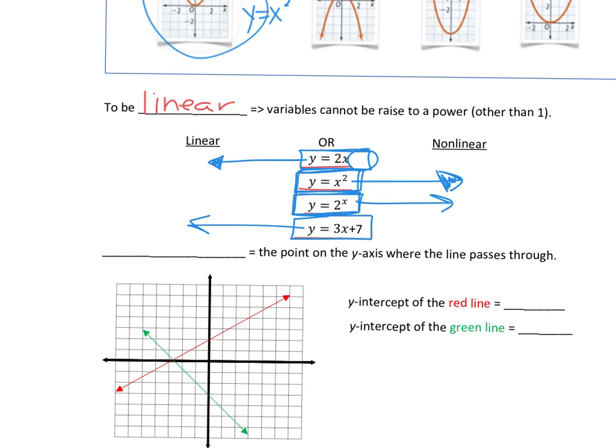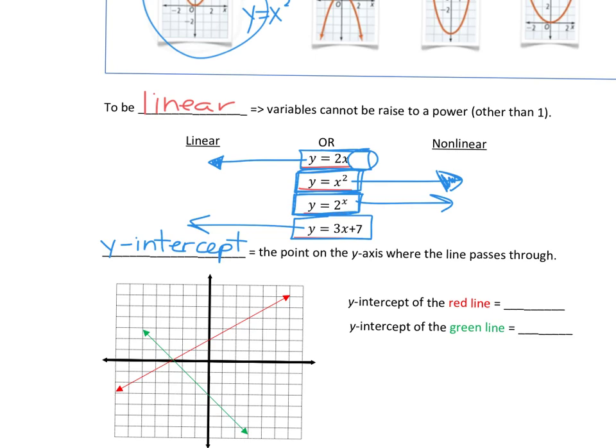Okay? So with slope-intercept form, you are going to have what's called a y-intercept. And I want you to think about what that means, okay? Y meaning the y-axis, and an intercept is like an intersection, where it hits the y-axis.